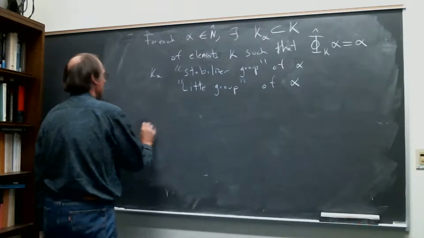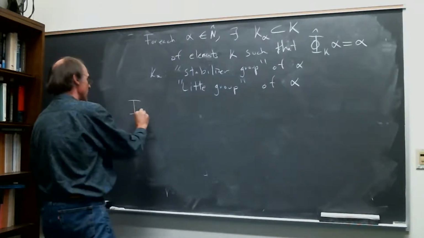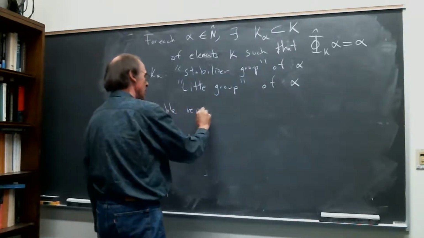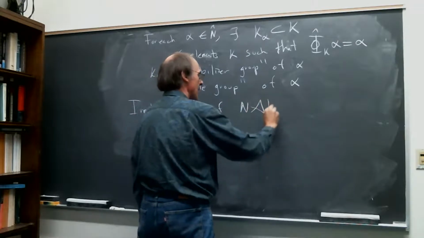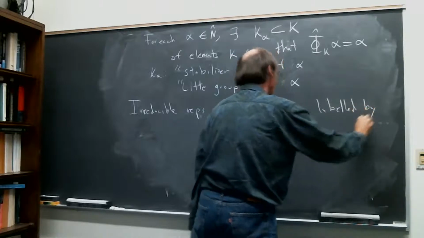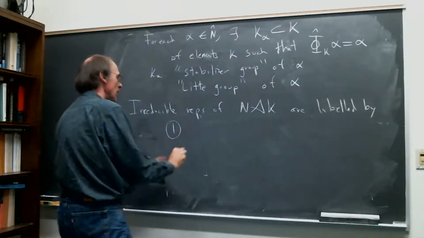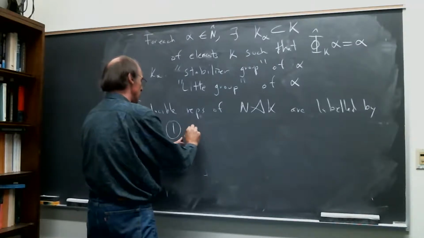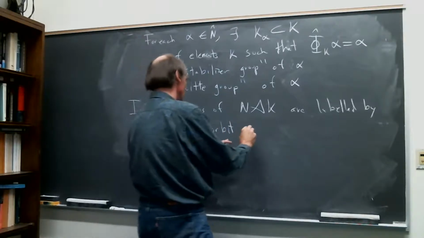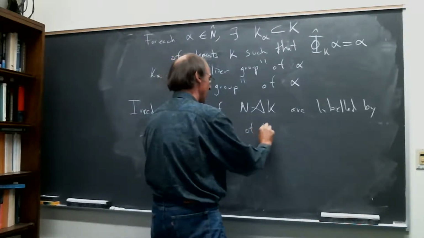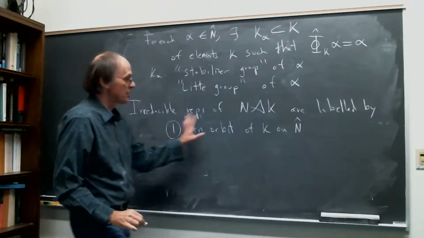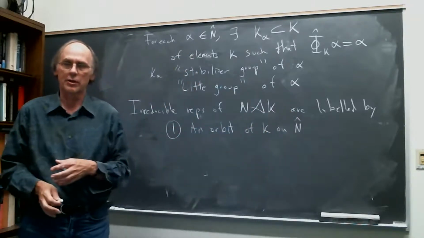But let's say that the irreducible reps of n k are labeled by, one, an orbit of k on that. And so this is that circle or that sphere in the case of the Euclidean group.